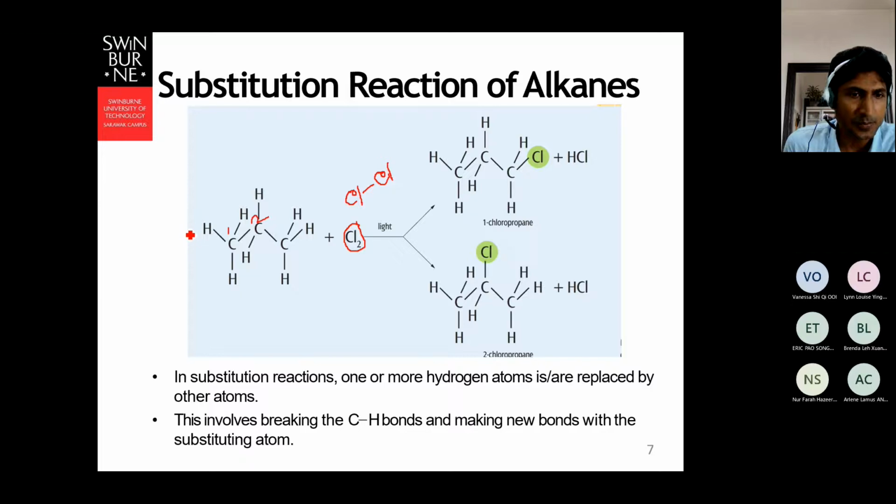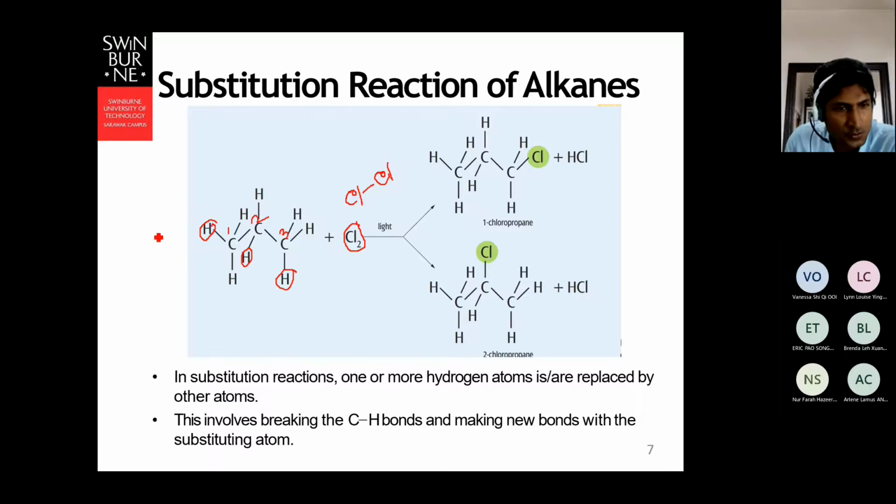So methane, ethane, propane, right? This is propane, and these 2 chlorines will go to this propane. Where will it go? Which hydrogen will it go to? Will it remove this hydrogen, or this hydrogen?